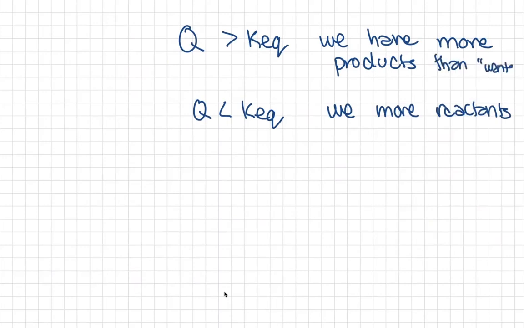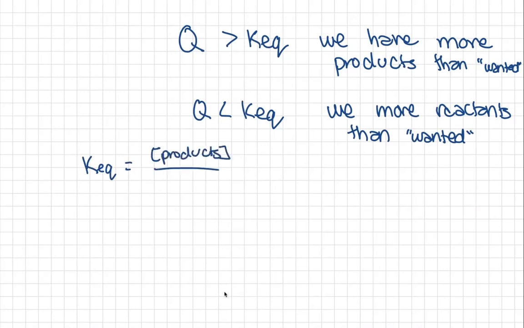This is just talking about what's wanted at equilibrium. So remember, no matter what you start with, no matter what equation, you're going to end up with some sort of Keq where you have products over reactants at equilibrium.